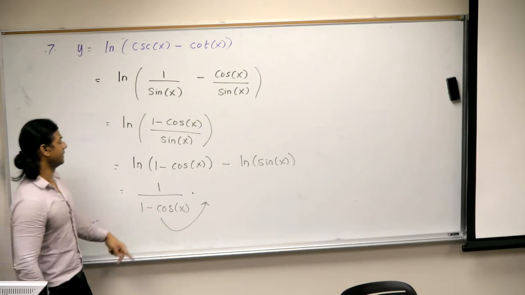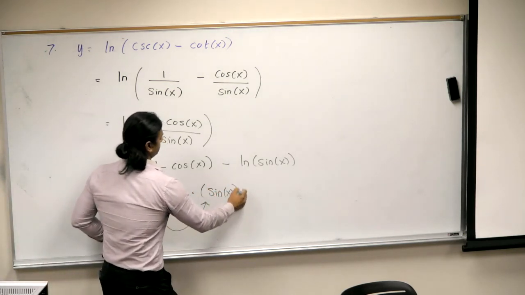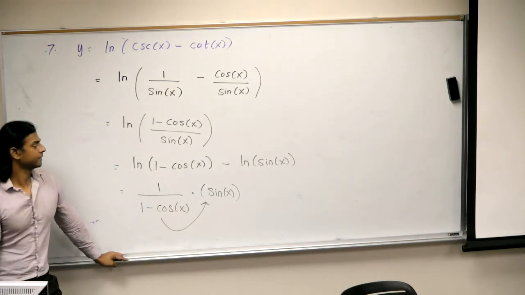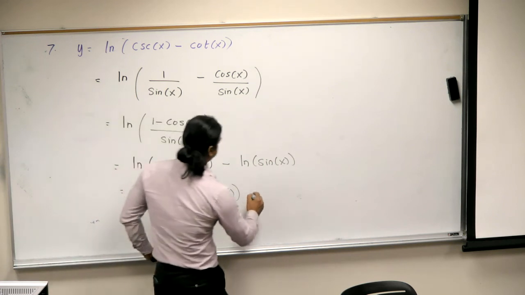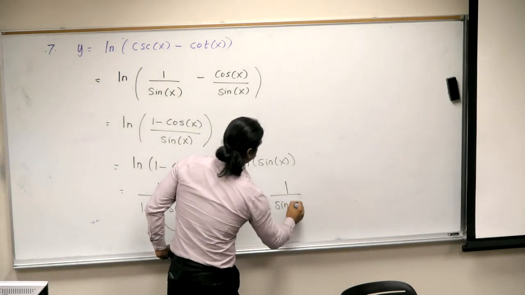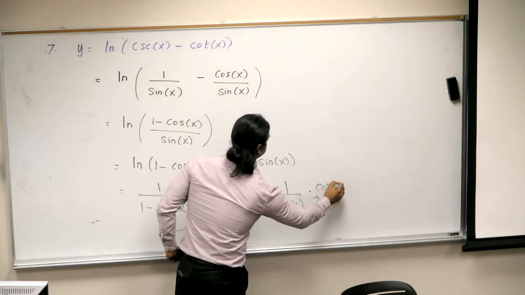Negative sine x times negative, positive sine x, minus 1 over sine x multiplied by cosine x.